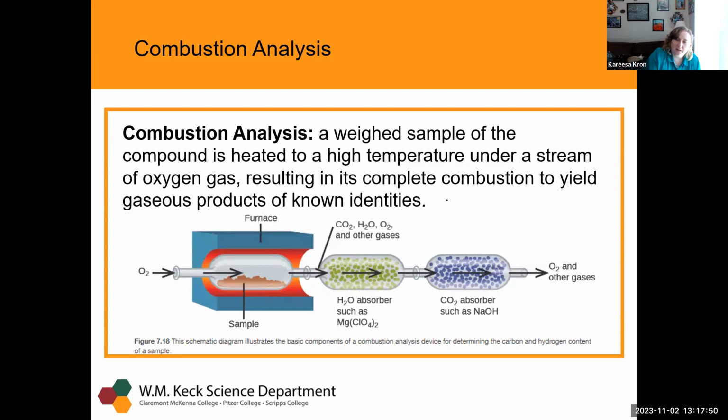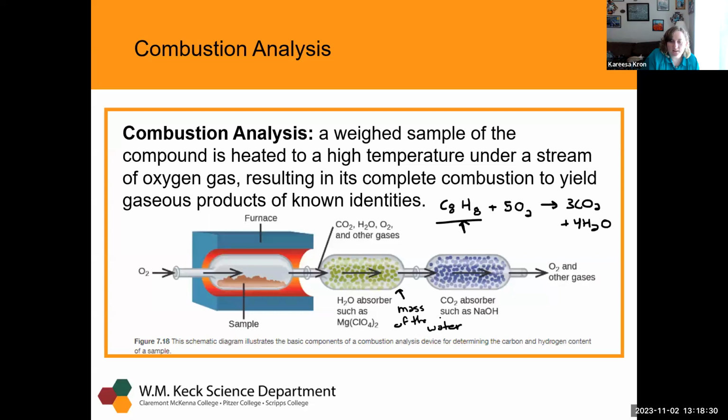So if you have the combustion of propane, for example, the balanced chemical equation is shown here: C3H8 plus 5O2 yields 3CO2 plus 4H2O. And so if you combust this completely, if you use up all of the C3H8, then out of the stream comes CO2 and water. And you can use a particular absorber to catch all the water and determine the mass of the water captured.